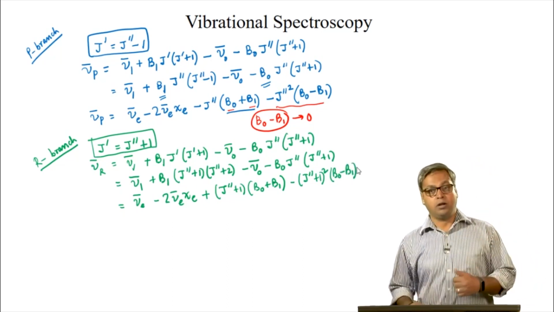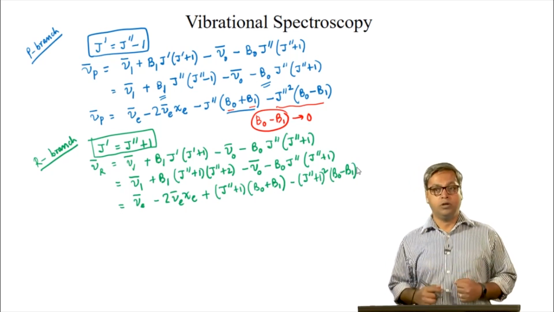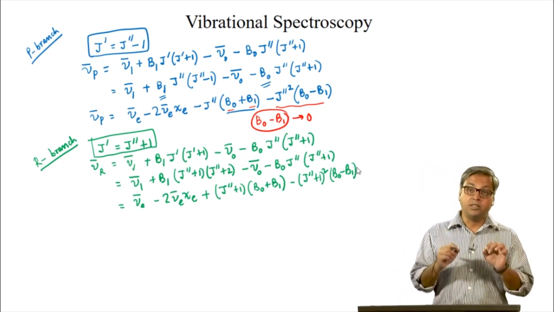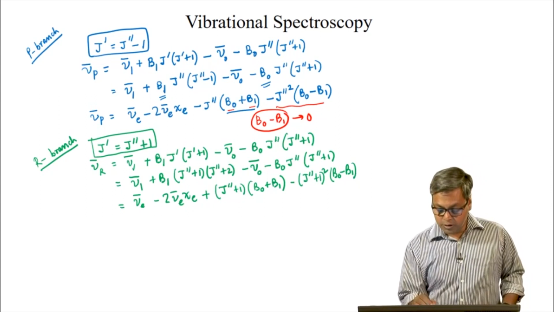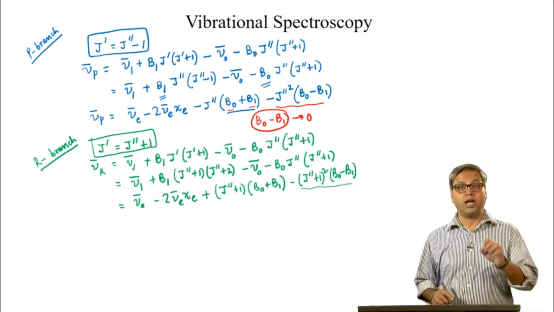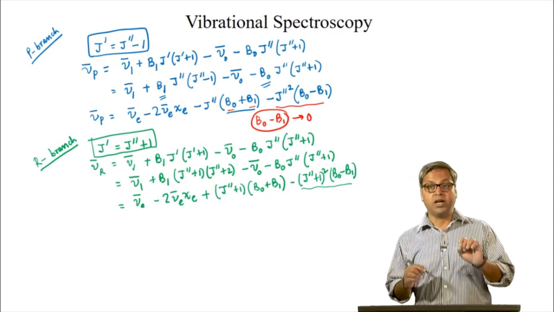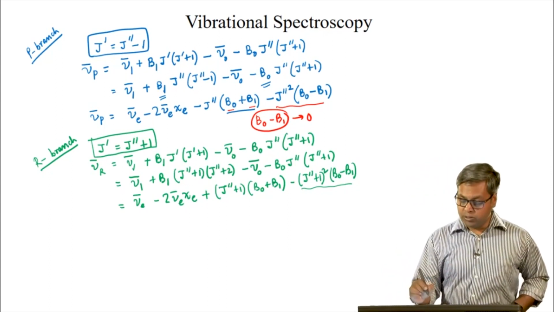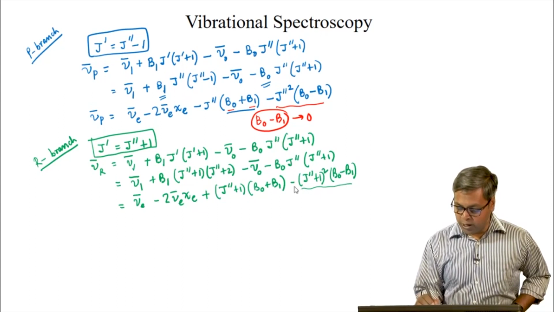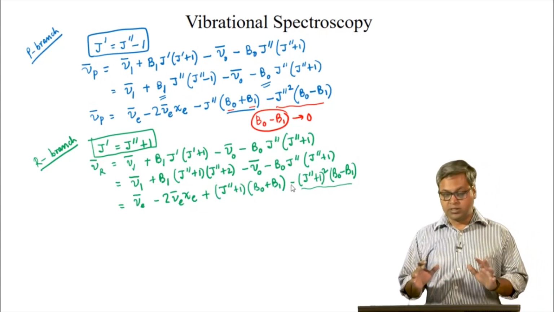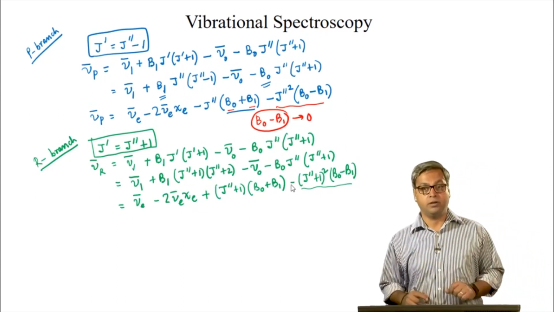So, as B 1 is not equal to B 0, the last term does not cancel, and the second term is also negative, as B 0 minus B 1 is positive and we have a negative sign here. So, this entire term becomes negative.